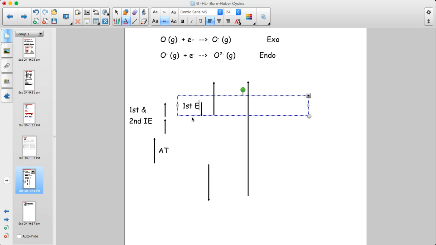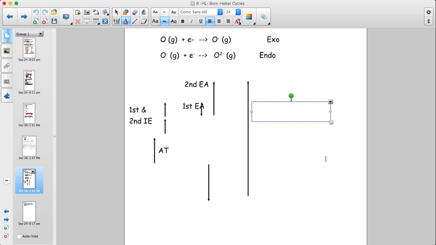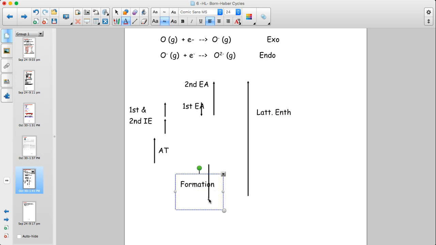Here you'd have the first electron affinity, whereas this second up arrow is the second electron affinity. Over here we've got the lattice enthalpy, and here we've got formation. And I realize now that I left one out, which is the bond enthalpy. So that would probably want to go here, bond enthalpy.